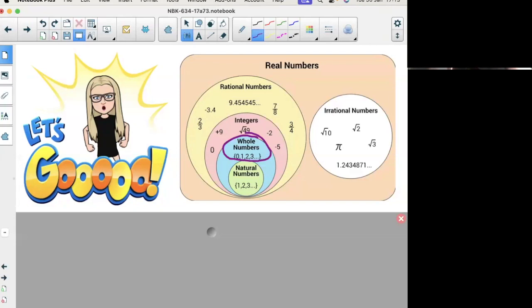The first numbers that you learn about are 1, 2, 3, 4. Those are your natural numbers, the ones that come naturally. So we always start with our natural numbers, which start with 1, 2, 3.